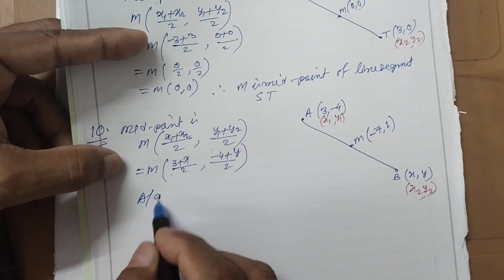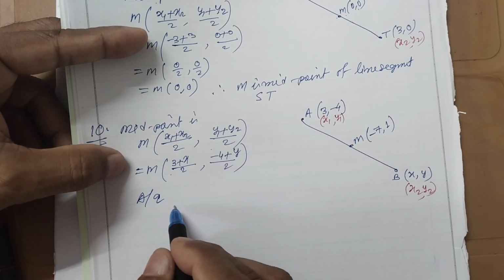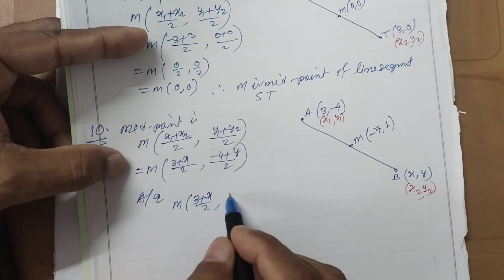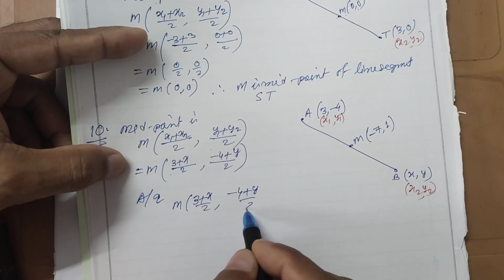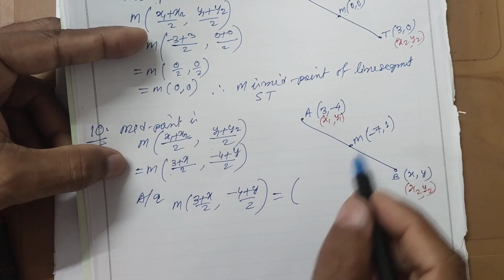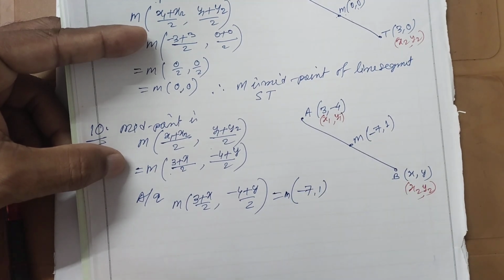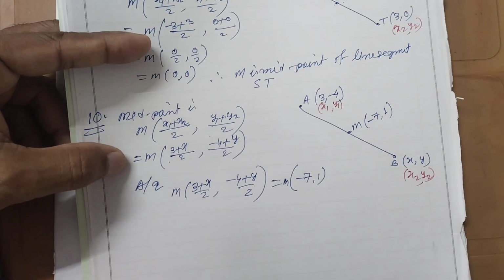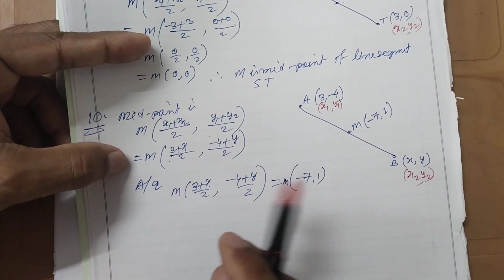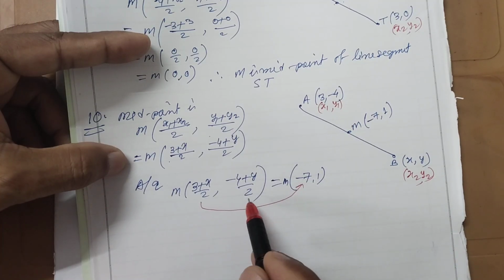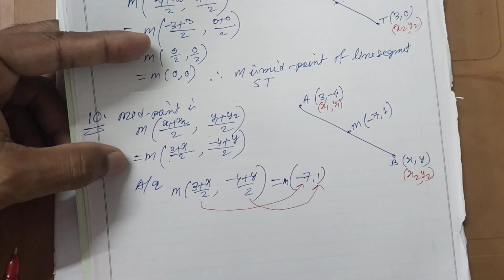So we write: according to the question, the midpoint by calculation, (3 plus x) by 2, (-4 plus y) by 2, must be equal to the midpoint given in the question, which is -7 comma 1. You have to remember, whenever one point is equal to another point, the first must be equal to the first and the second must be equal to the second.